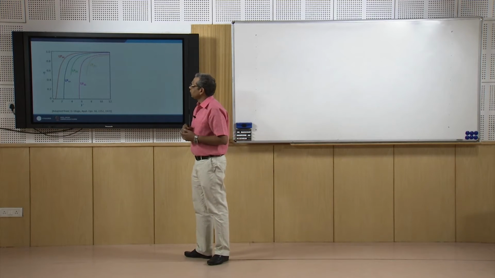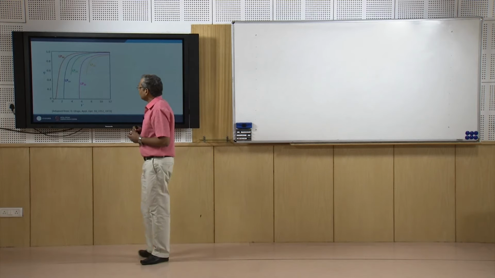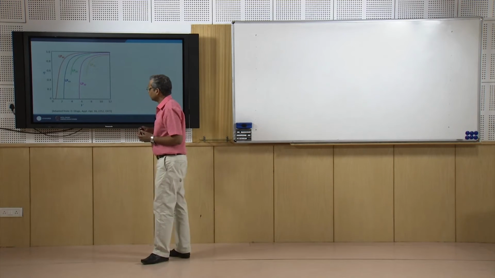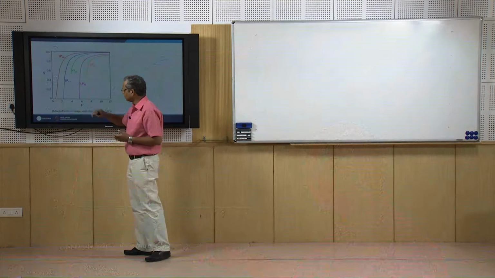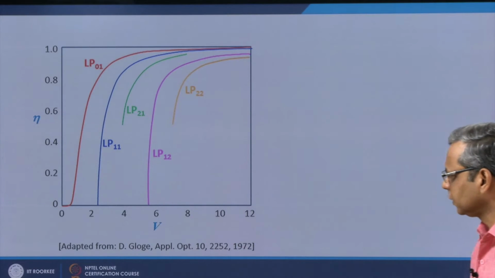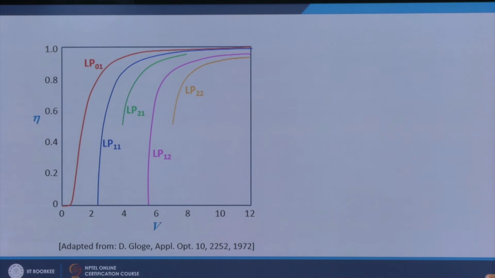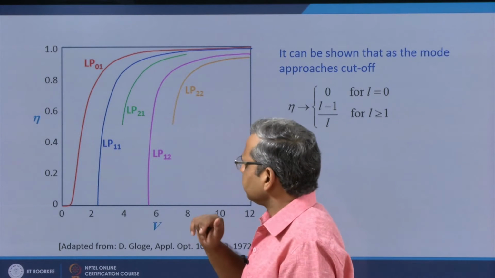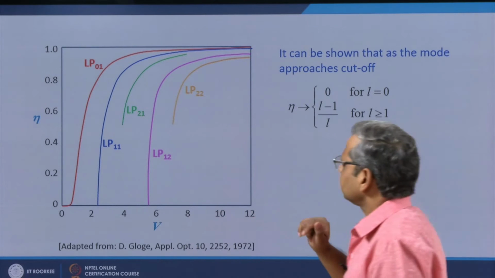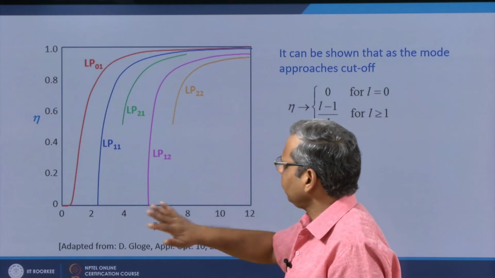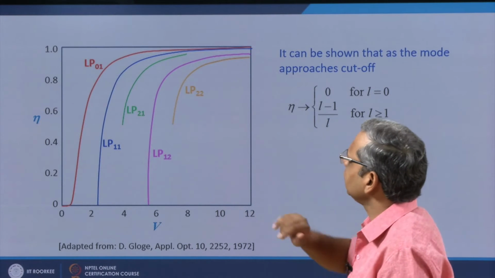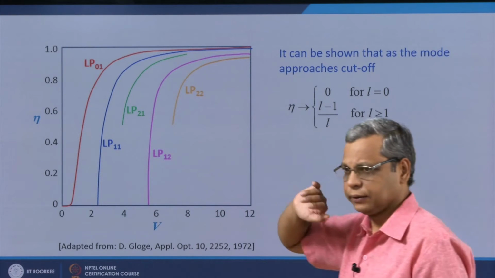So, for that let me plot this eta, the fractional power, as a function of V, and this has been taken from this paper. I have adopted this, so it is slightly modified. So, what I see is that if I increase the value of V, then the fractional power in the core increases.